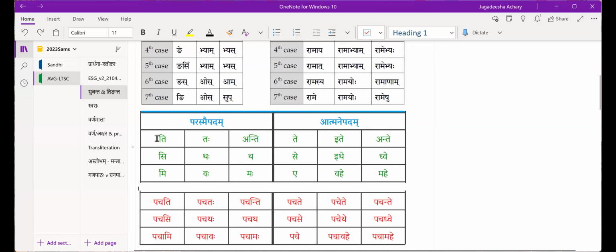There are 18 ting pratyayas: 9 for parasmaipada dhatus, and the other 9 are applied for atmanepada dhatus. Parasmaipadi dhatus end with ti, tah, anti, and atmanepada dhatus end with te, ete, ante. Pachati, pachatah, pachanti is parasmaipada. Pachate, pachete, pachante will be the forms for atmanepada.